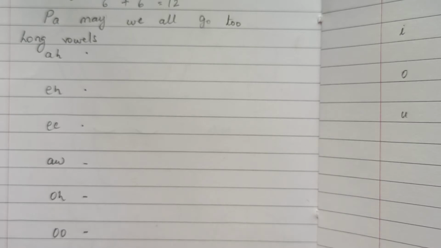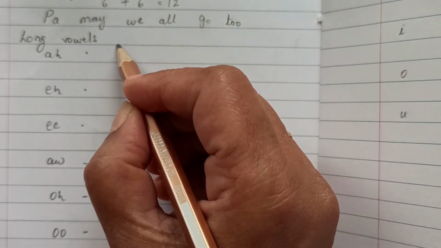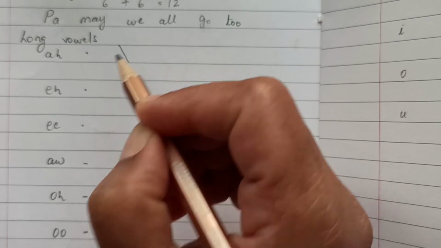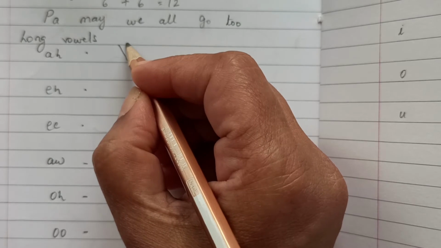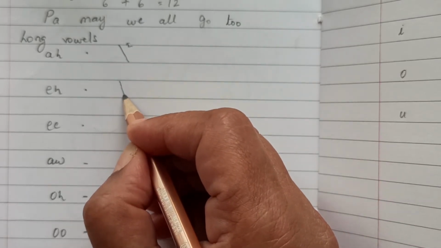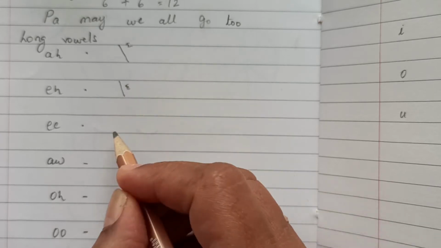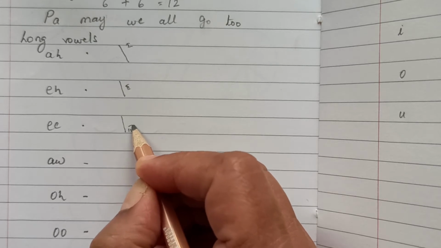Now, where to mark these vowels? These vowels can be marked along with the consonant in 3 places. If I take a stroke of P, it has got 3 places. So this is first place, and A can be represented in second place, and E can be represented in third place.